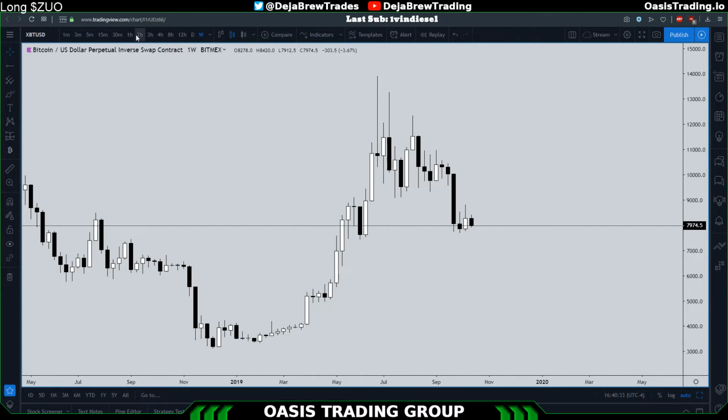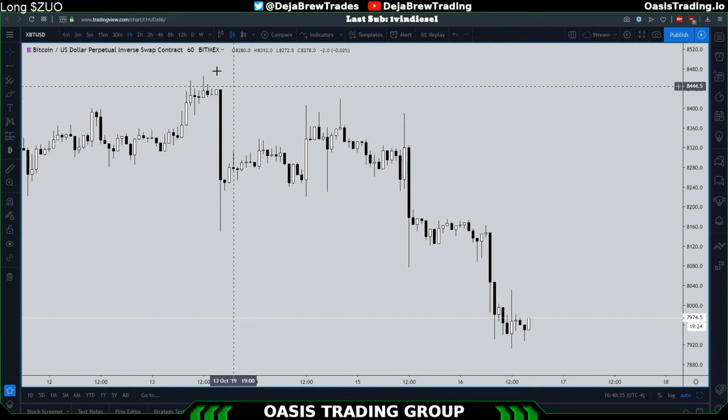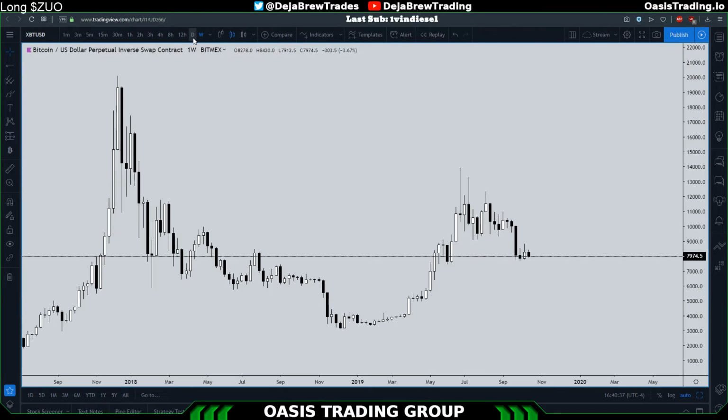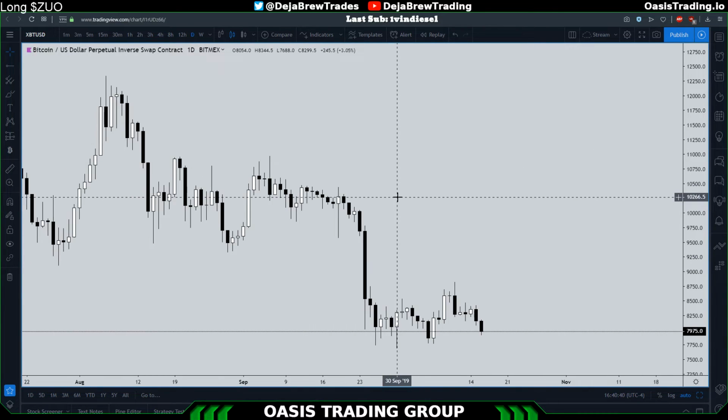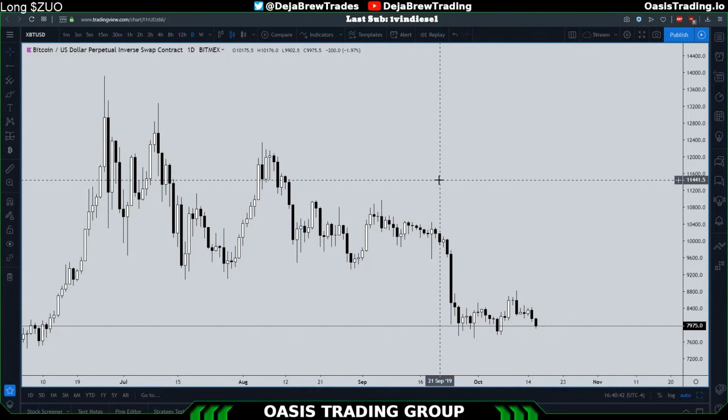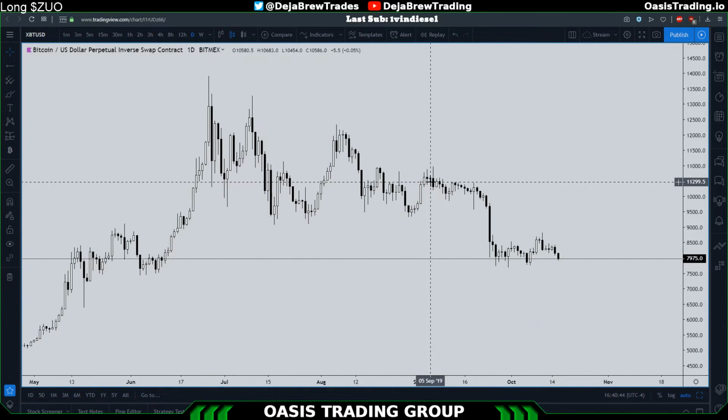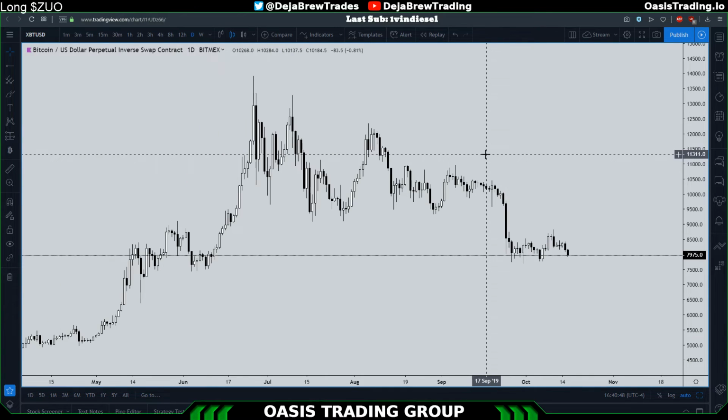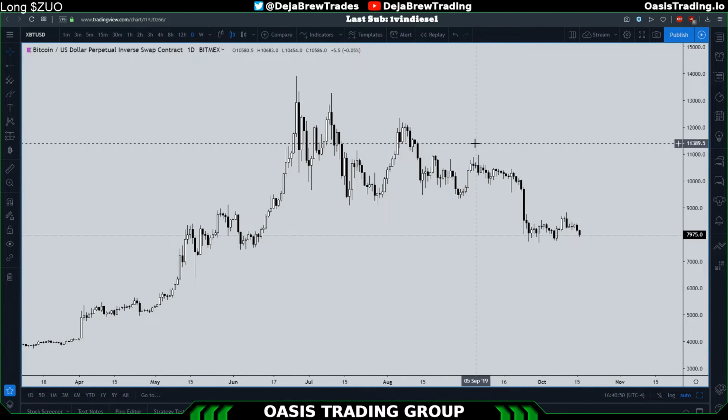Okay, so I think I've gone over just about everything that I wanted to go over. Let me go back to a daily here. What are some other things I can go over here? So another major thing with market structure, I can tie this into a technique that I talked about a little bit yesterday, I believe, which is a first pullback, right?